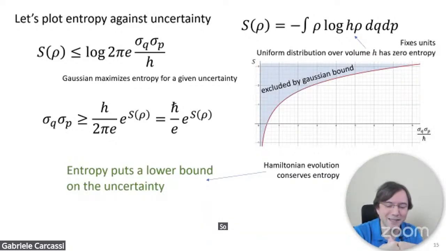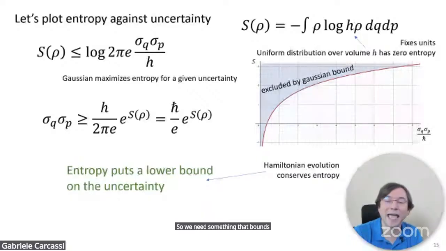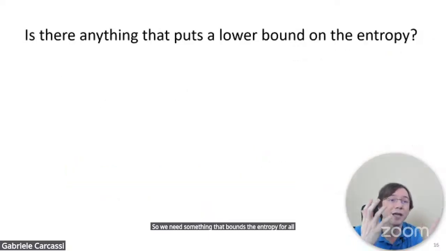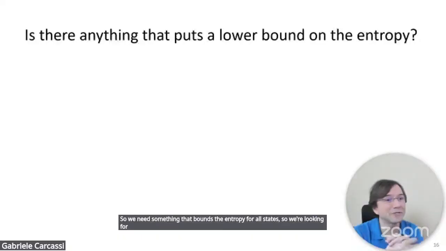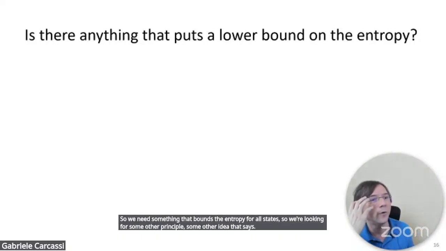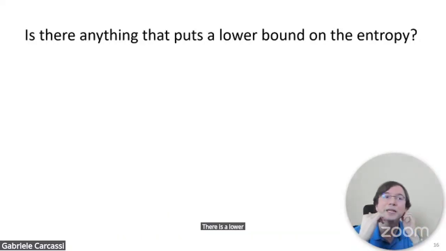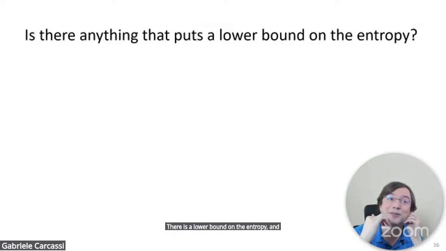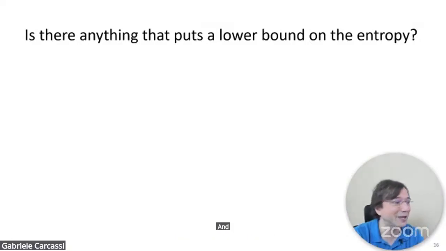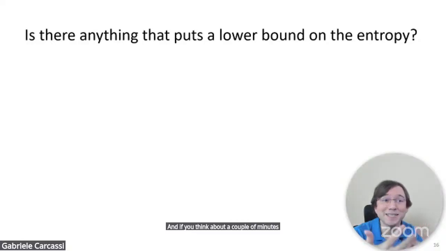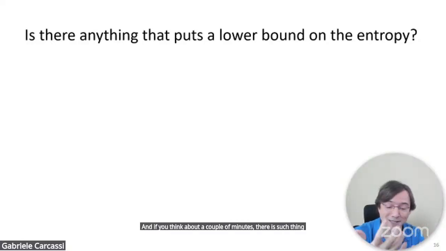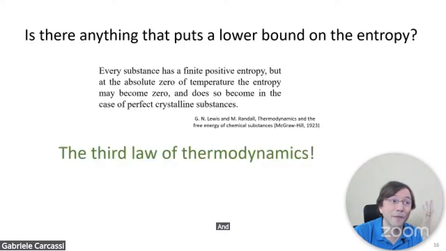So we need something that bounds the entropy for all states. We're looking for some other principle, some other idea that says there is a lower bound on the entropy, and this is the most that you can do. If you think about it for a couple of minutes, there is such a thing already in physics, and it's called the third law of thermodynamics.